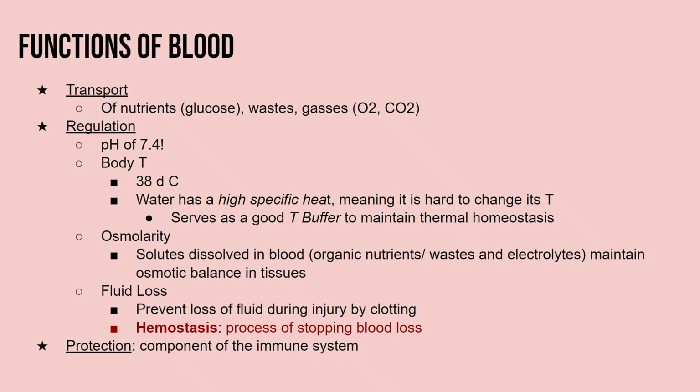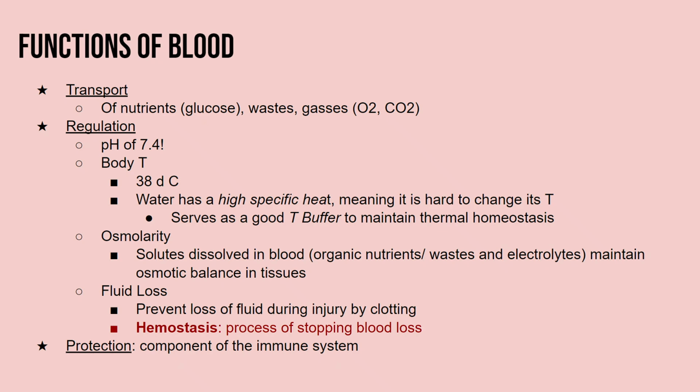So here are some main functions of blood transport. As you can imagine, it's taking all of the nutrients, gases, wastes all throughout your body to different organs to be processed in tissues. Like we said, it has a pH of 7.4, so that's providing an optimal environment for all of your cells and body processes to function correctly, the right pH for proteins and everything.